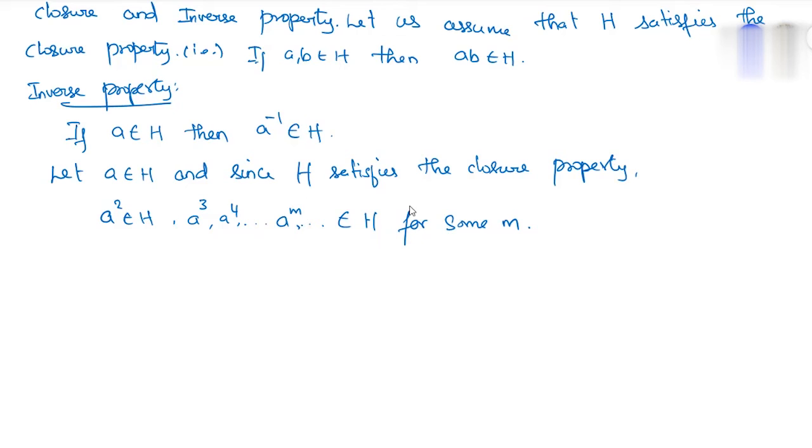So the set H contains a square, a cube, a power 4, dot dot dot, a power m, dot dot dot. This is an infinite collection as the power runs on. But it is given that H is a finite set.